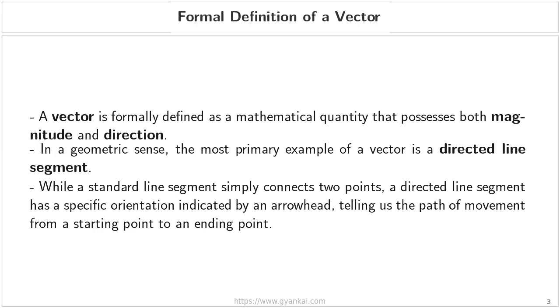It features an arrowhead that tells us exactly which way we are pointing, indicating the path of movement from a starting point to an ending point. This distinction is crucial, as we will see in the next slide when we look at the specific notation used to represent these points. Now that we have established the difference between scalars and vectors in the previous slide, let's move into a more formal definition.